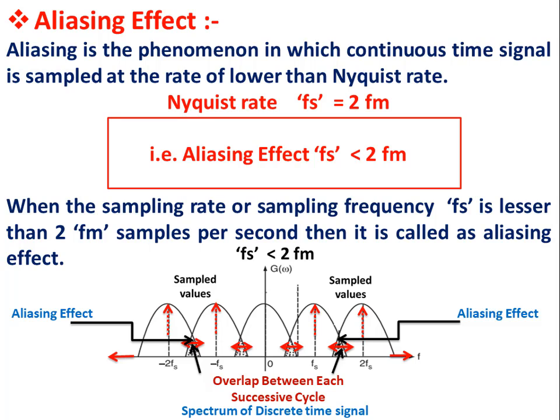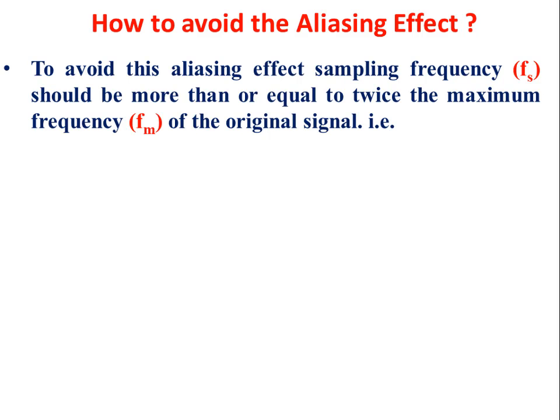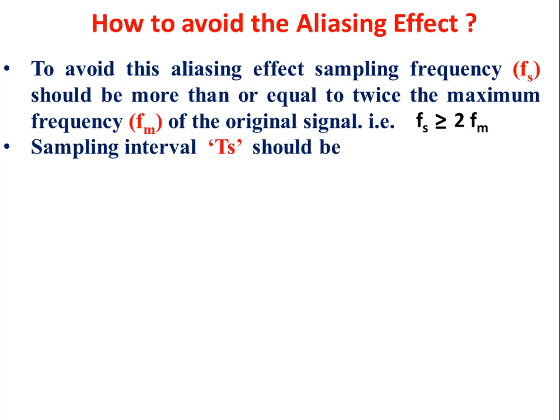Now it is very important to know how we can avoid the aliasing effect. The aliasing effect can be avoided by considering two conditions. First, the sampling frequency Fs should be greater than or equal to twice the maximum frequency Fm of the original signal x(t), that is Fs >= 2 Fm. Second, the sampling interval Ts should be less than or equal to 1 by 2 Fm.